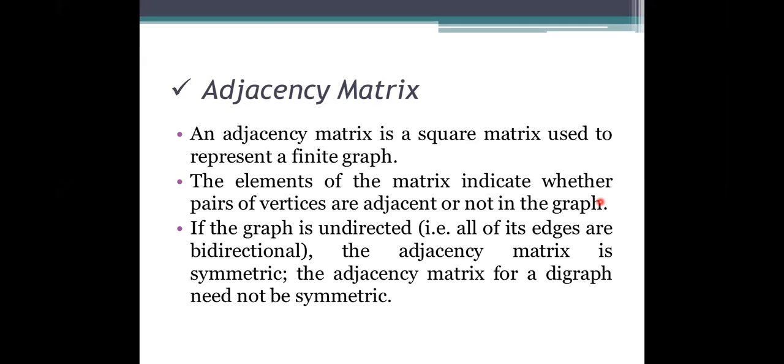Now, the adjacency matrix is a square matrix which is used to represent a finite graph, meaning which vertices we are using and which edges are present. The edges present have to be specified in that matrix.